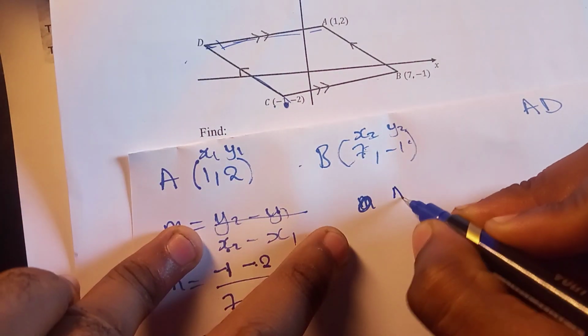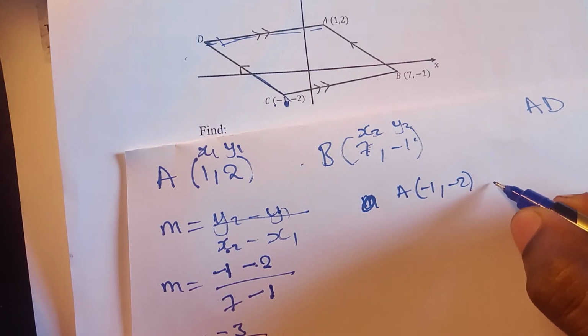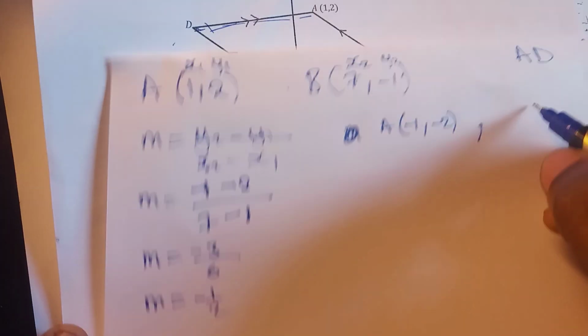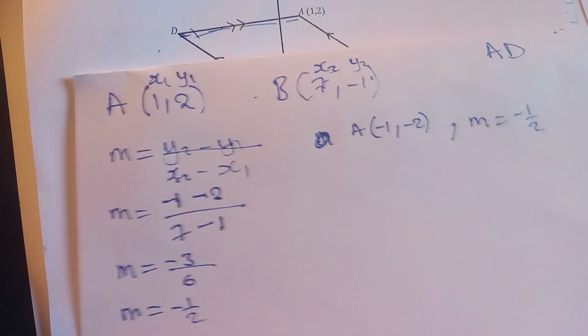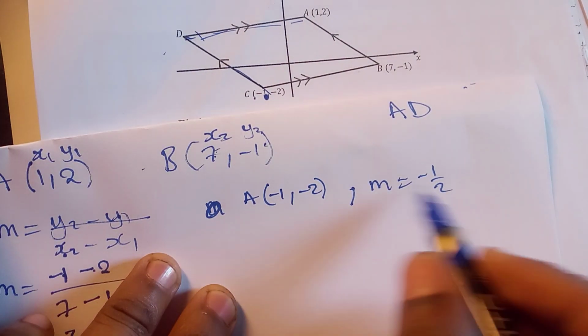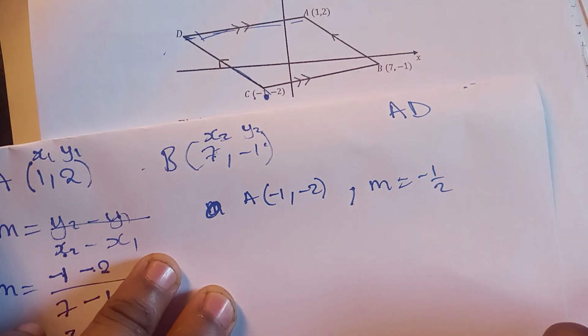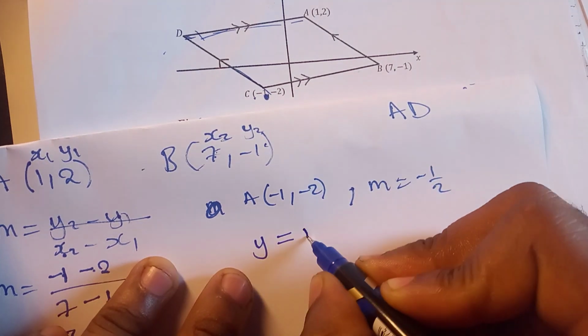We have a point (-1, -2), and we also have the gradient, which is -1/2. So now to find the equation of this line, you are free to use any method of your choice. Let's just use a different one here.